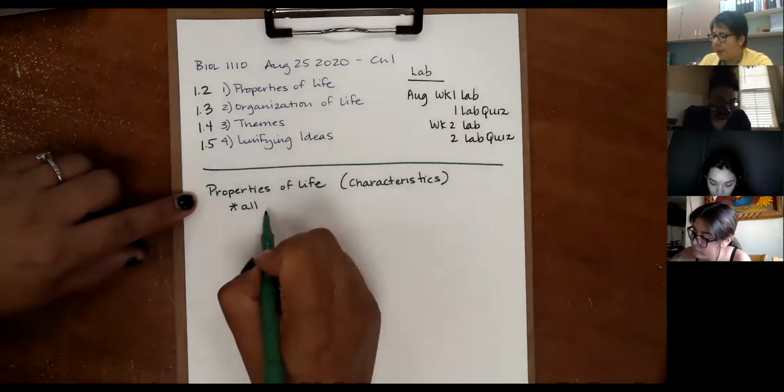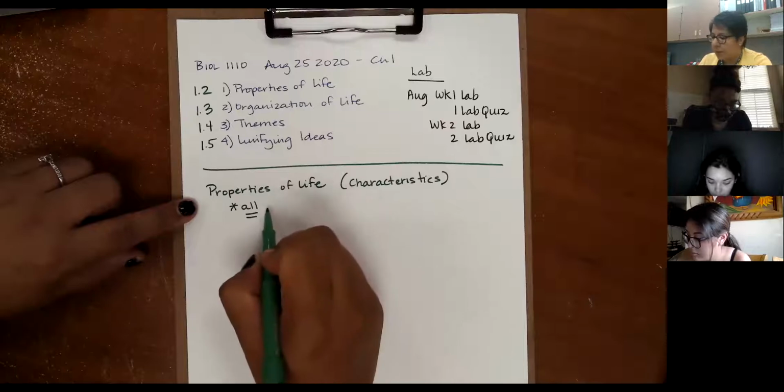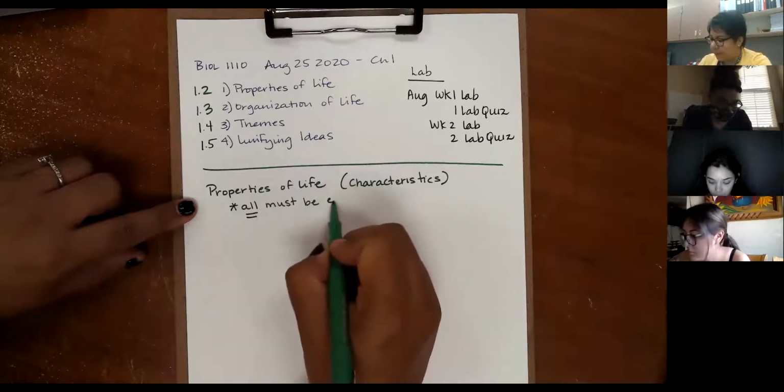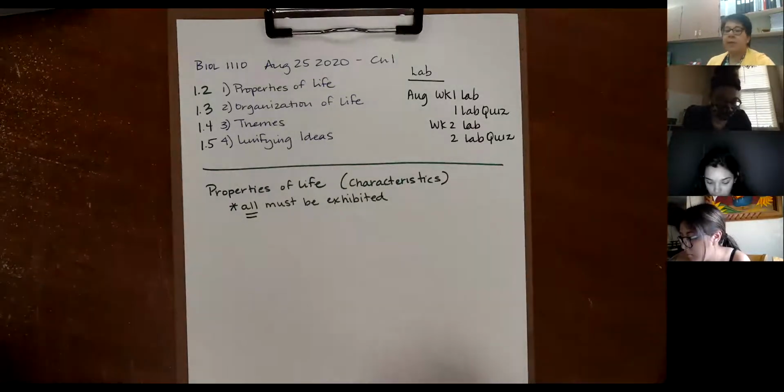And if you want to be alive, you have to exhibit all of these properties, not one or two, but you have to demonstrate all of these. So you have to be able to do all of these to be considered a living thing.